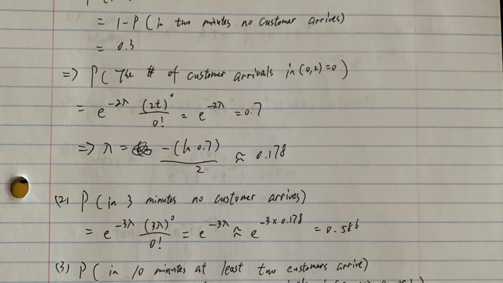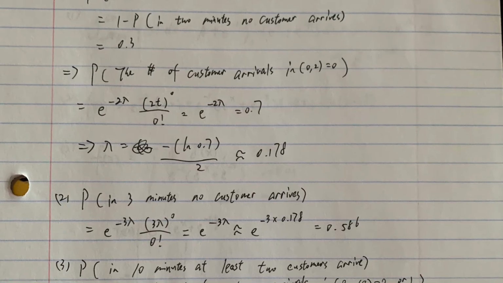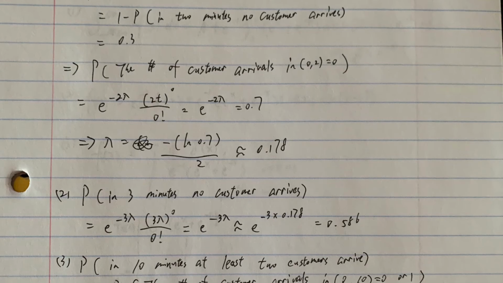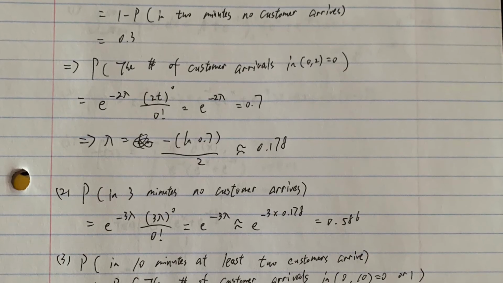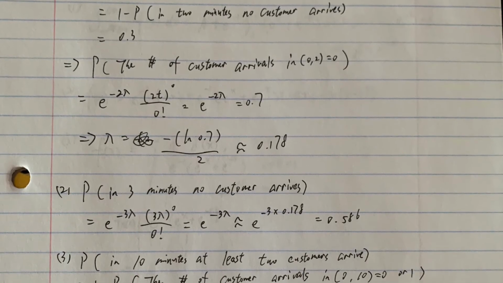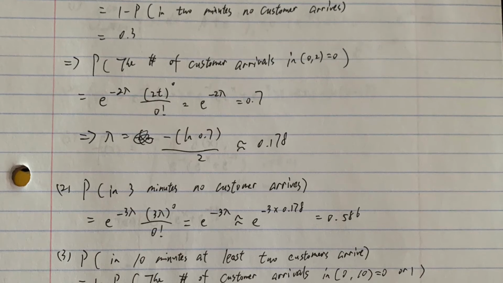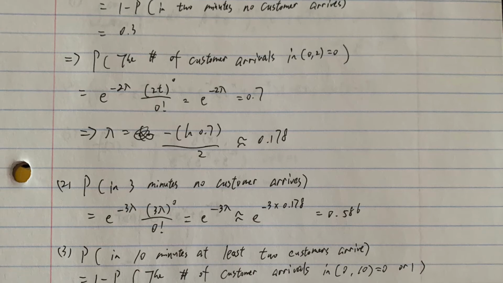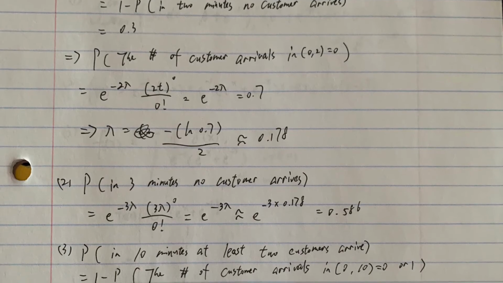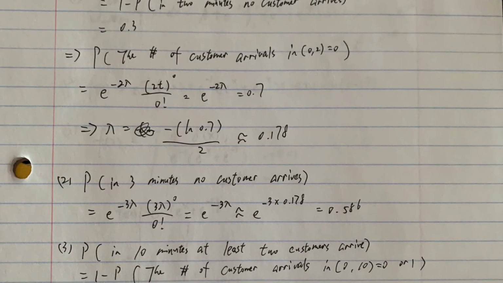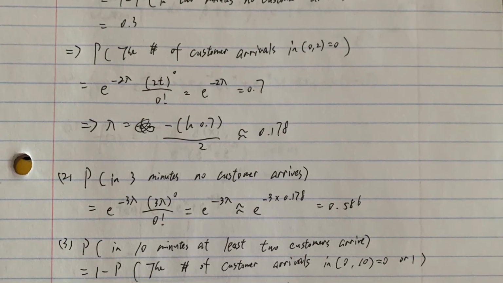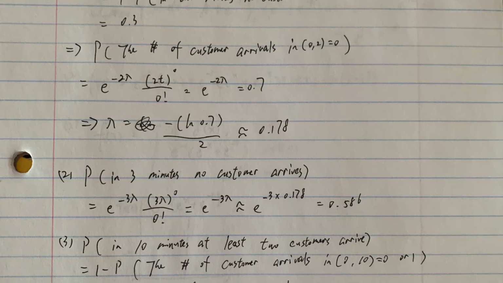And we can do the same thing in problem 2. The probability that in 3 minutes no customer arrives gives us the equation e to the power of minus 3 lambda, times (3 lambda) to the power of 0 over 0 factorial.